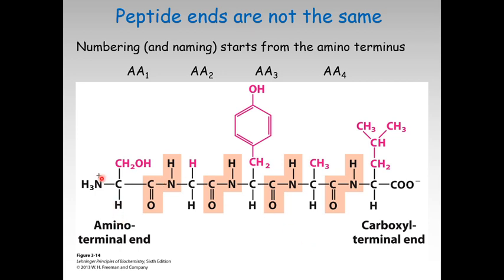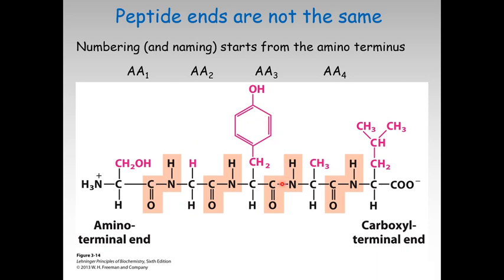By sequence, I mean the arrangement of these amino acids in this peptide. The first amino acid, which is serine, followed by glycine, followed by tyrosine, followed by alanine, followed by leucine. And this peptide has a signature, and that signature is the sequence. If you change the sequence, the signature of this peptide changes.